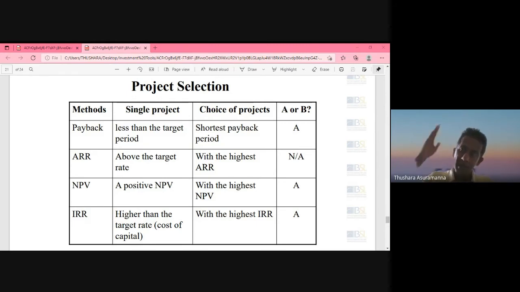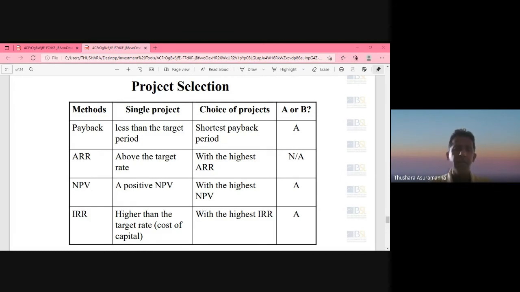If you have multiple projects, then you go with the shortest payback period, like what we have done here, A and B. A was giving money in a shorter period compared to B. Hence, we proceeded with A on payback.